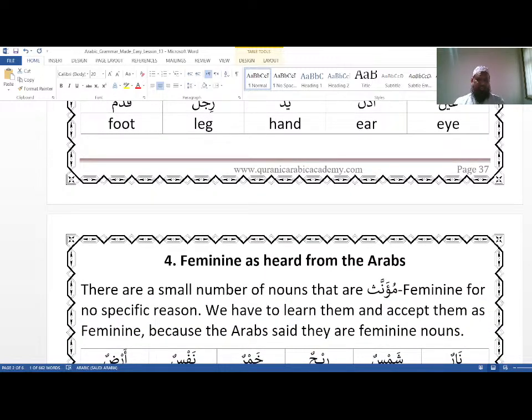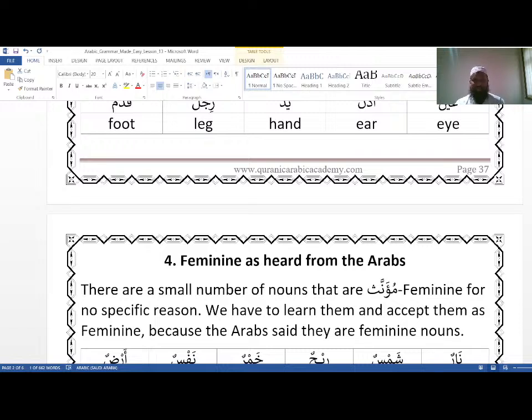Okay, there are some small number of nouns that are feminine for no specific reason. They are not feminine by definition. They are not feminine with signs. They are not body parts, but no specific reason. We have to learn them.